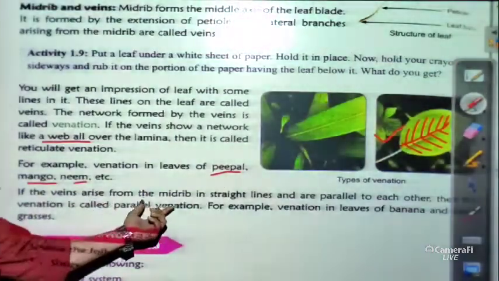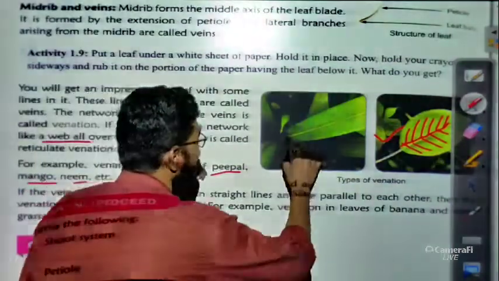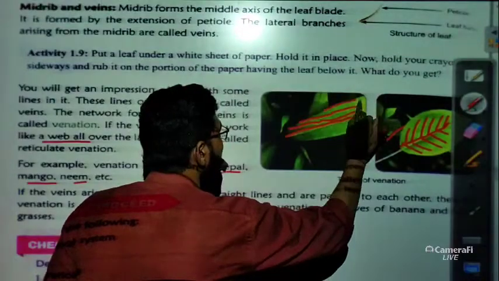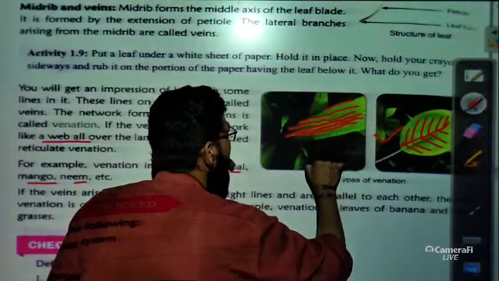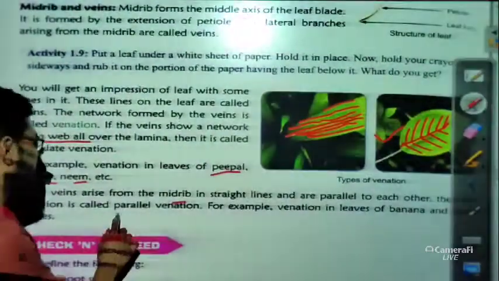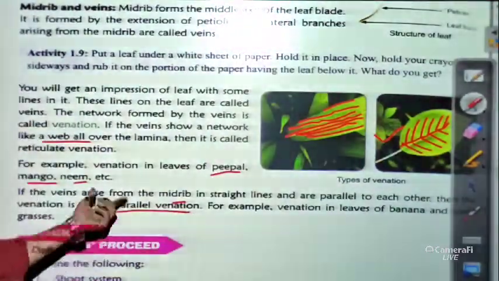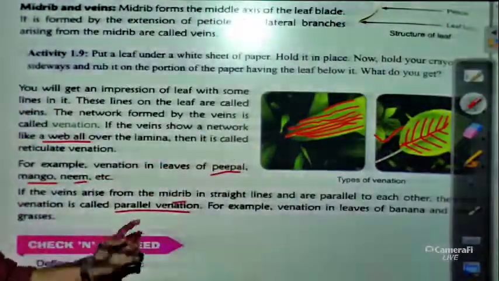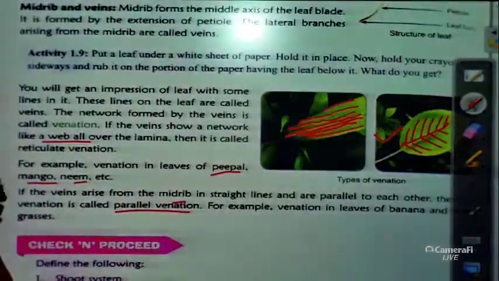And if the veins arise from the midrib in a straight line, you can see here this is the midrib, and if the veins go like this, parallel to each other, following the midrib, then we call this kind of venation parallel venation. If you remember the name, you will easily get it. Parallel means the veins are parallel to each other.